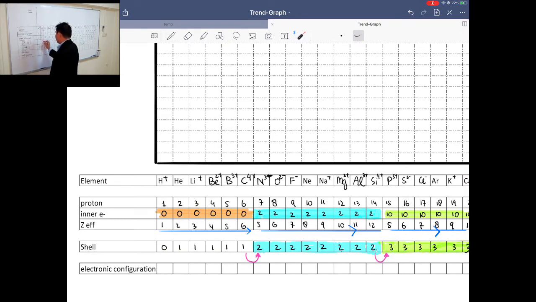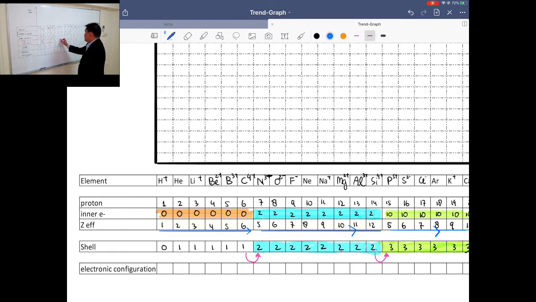From helium all the way to nitrogen 3 minus, there will be a decrease in size, a gradual decrease. All the way until carbon 4 plus, there will be a gradual decrease of ionic radius.